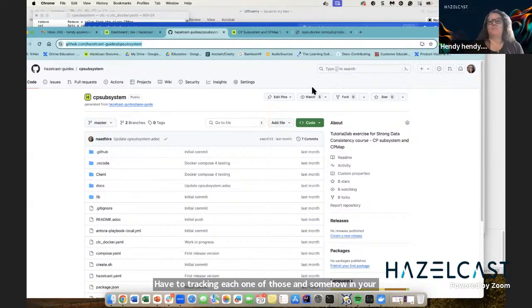Using the CP map gives you that simple key value structure that says, all right, key one, and here's all the fields that go with key one. Key two, here's all those fields that go with key two. Especially if you are going to then offload that data to some back-end data store for permanent records.